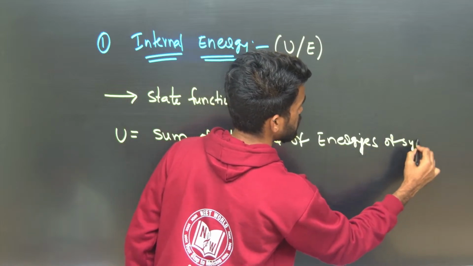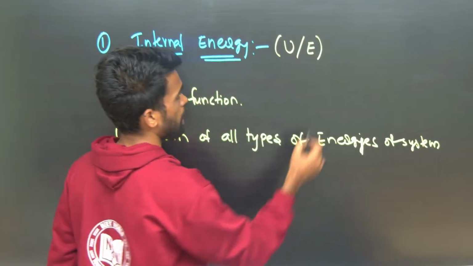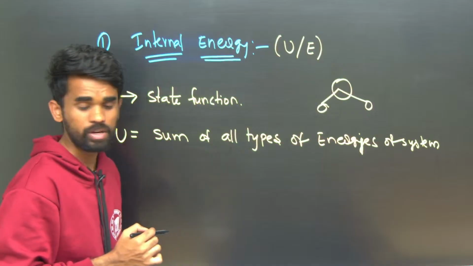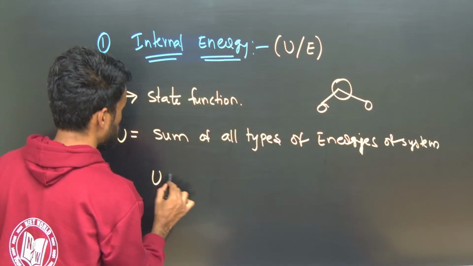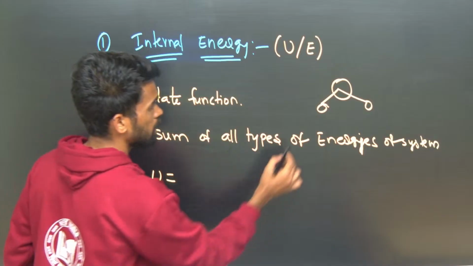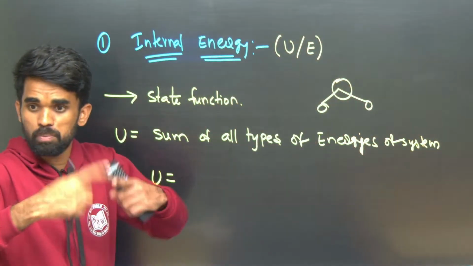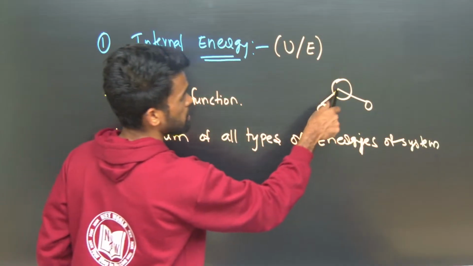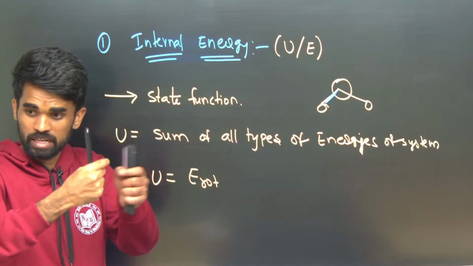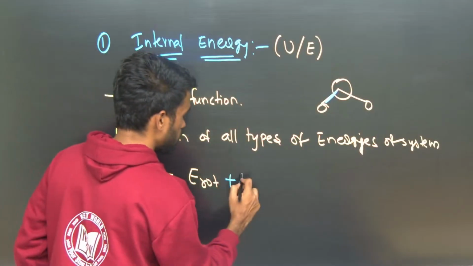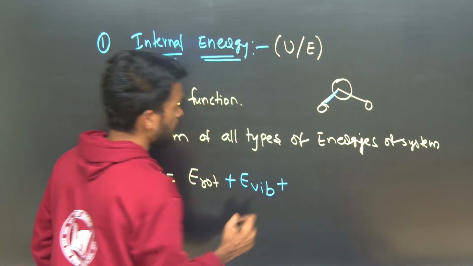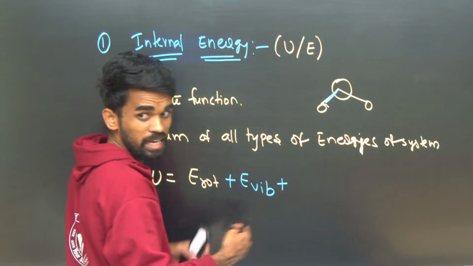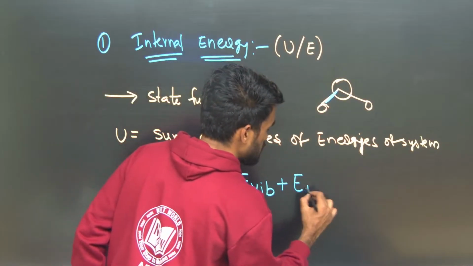For example, I have a system here, like a water molecule or whatever you want to take. That system has rotational energy, as the molecule keeps on rotating, so E rotational. The bonds can get vibrated, so vibrational energy, and the molecule can translate, so E translational.